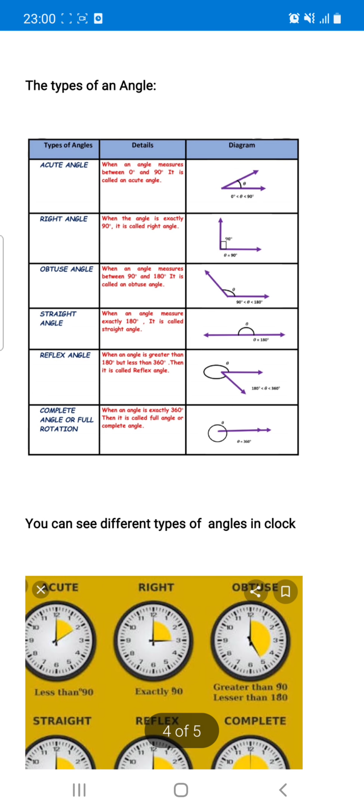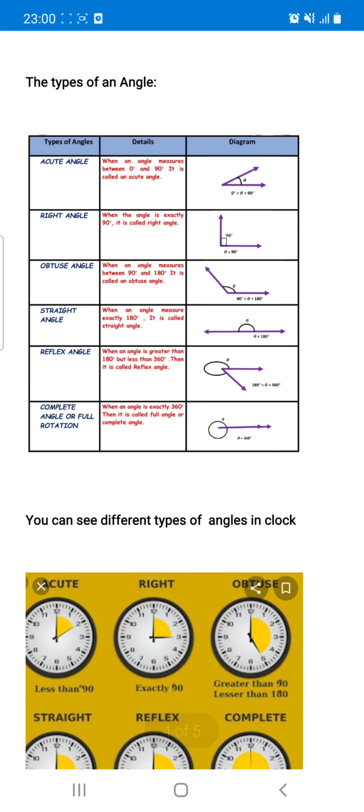Now the reflex angle. An angle greater than 180 degrees but less than 360 degrees is called a reflex angle.